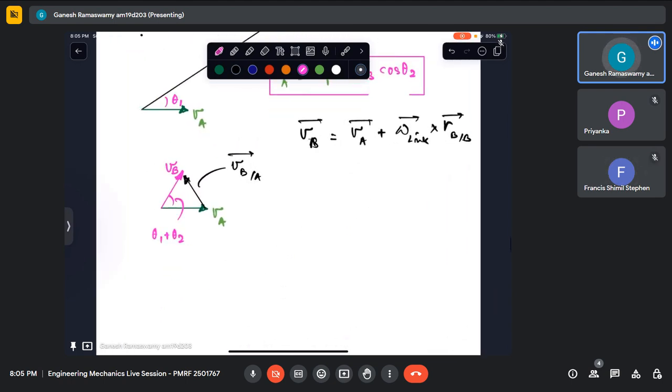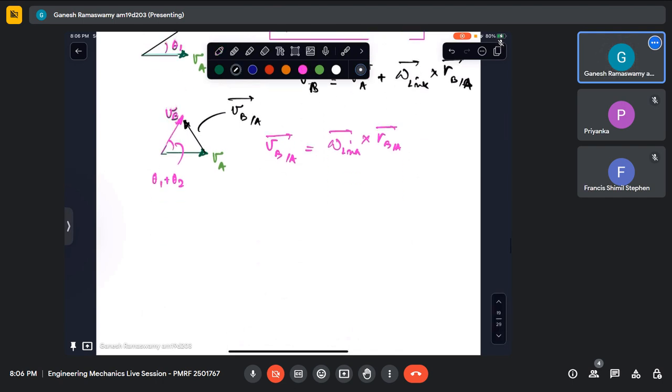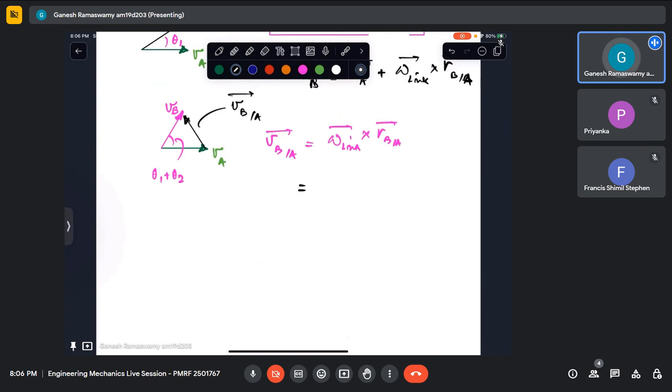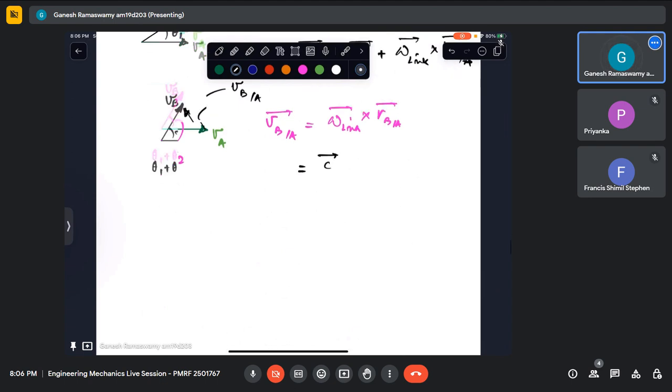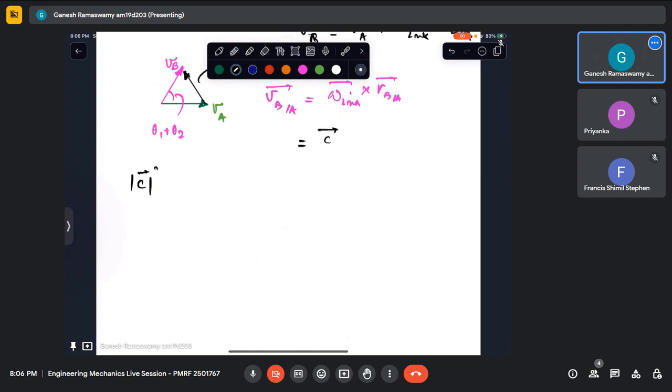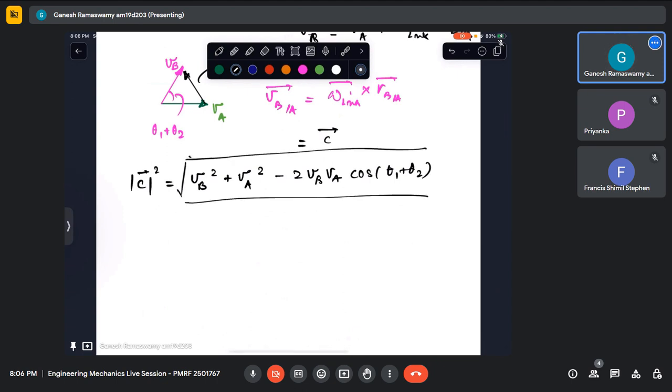So VB with respect to A, which is also equal to omega of the link crossed with RB with respect to A. Let us call this vector C. The magnitude of C squared is VB squared plus VA squared minus 2 VB VA cos of theta 1 plus theta 2. If I take the square root of this and divide it by the length of the link, I will directly get omega.